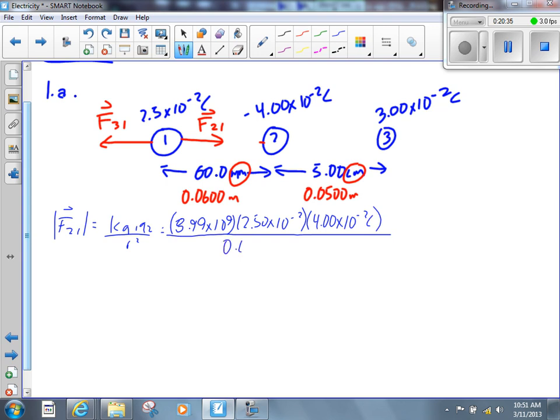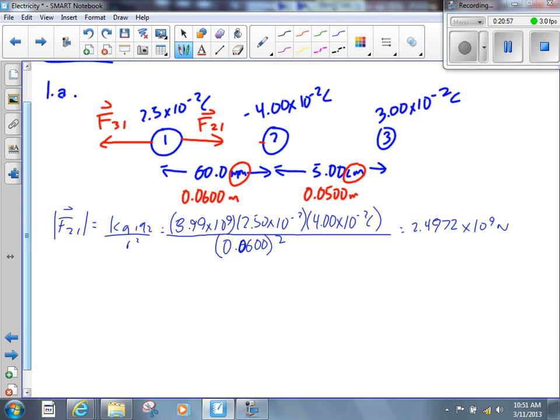Be careful here again. Don't forget to square it, and don't forget to use meters. We do the math on that one, it works out to be 2.4972 times 10 to the 9 newtons. So it's a really big force.